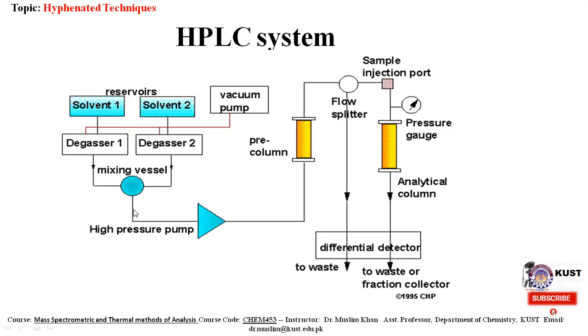After this, when the mobile phase passes through the guard column, there is a flow splitter, because you are not allowing all of the mobile phase into the analytical column. The flow splitter splits the flow most of the time 5 to 95% or 10 to 90%. It means that only 10% of your mobile phase goes through the column while the rest goes to the waste.